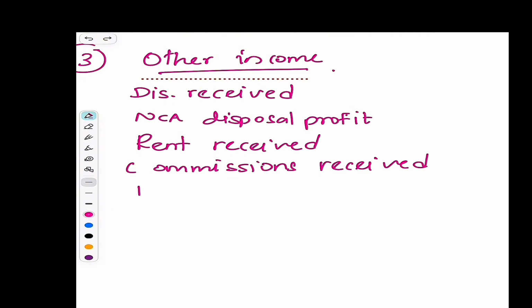We can make it decrease in provision for irrecoverable debts. These items will appear under other income.